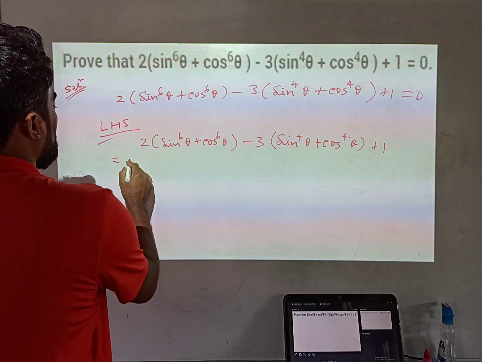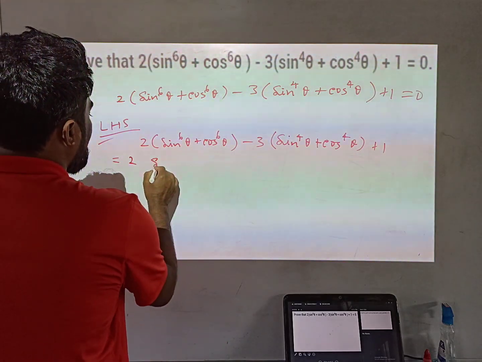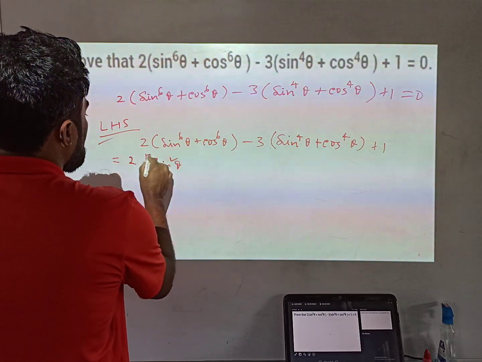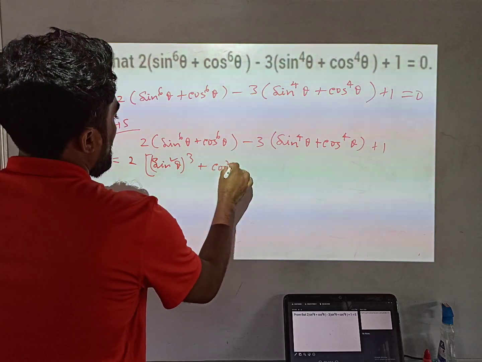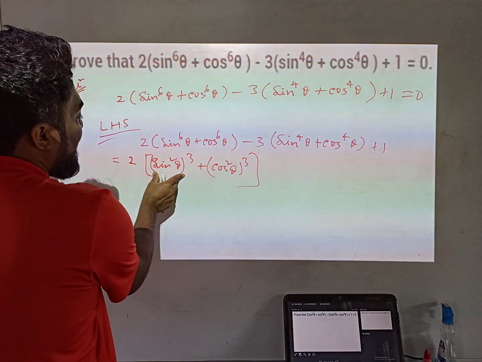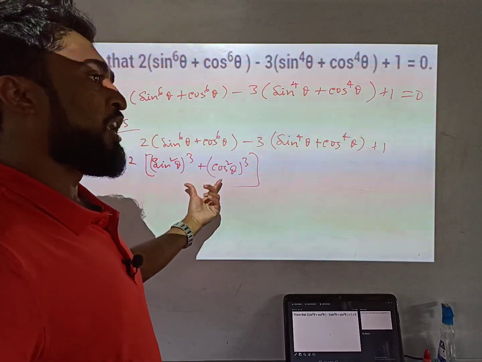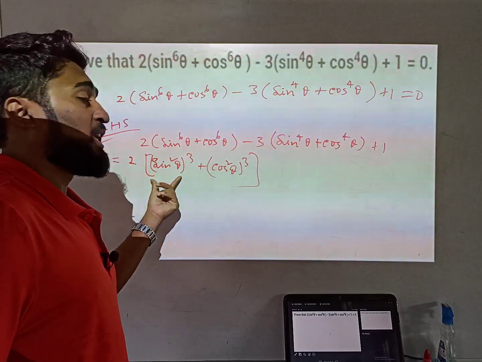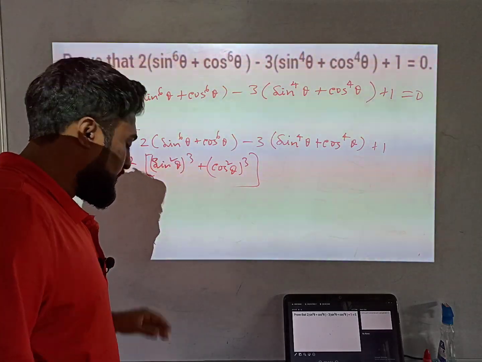So I will write it this way: (sin square theta) whole cube, since 2 times 3 is 6, plus (cos square theta) whole cube. Why are we doing this? Then only I can use the a cube plus b cube formula. What is the formula of a cube plus b cube?